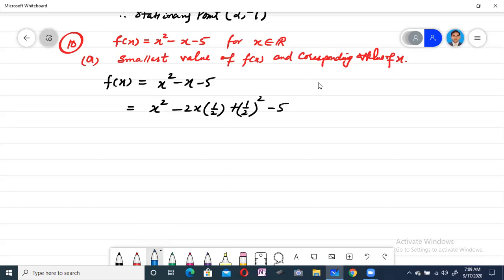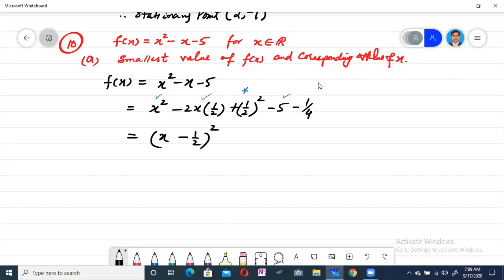Now you can see this x square as it is, 2 cancel with 2, minus x as it is, 5 as it is. This is extra. We are adding 1 by 2 square, mean 1 by 2 square is 1 by 4. We are adding, then we have to subtract 1 by 4 as well. Then we can write this x is a minus b is 1 by 2 whole square. Then outside the square minus 5 minus 1 by 4.